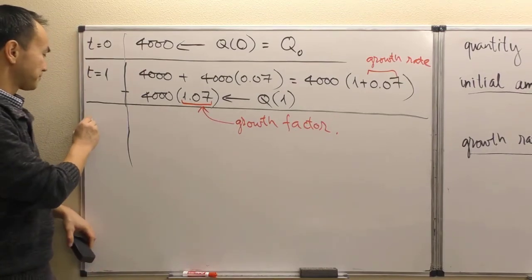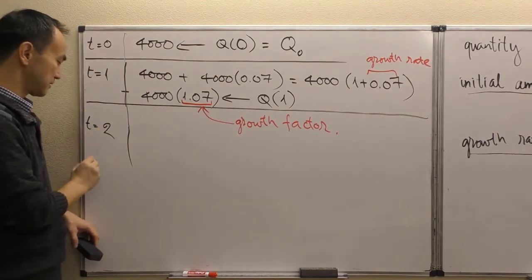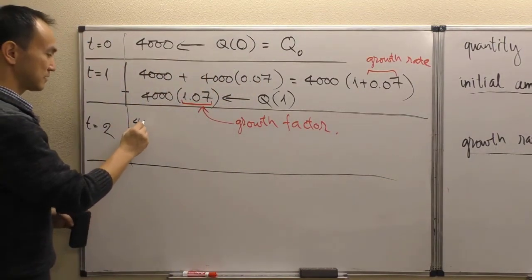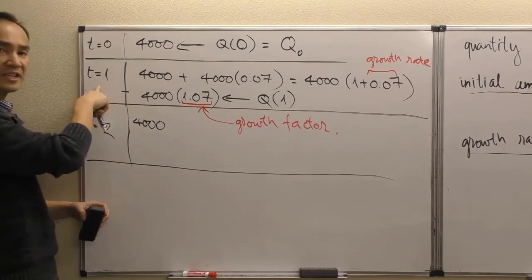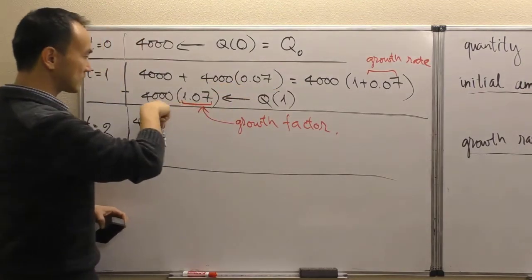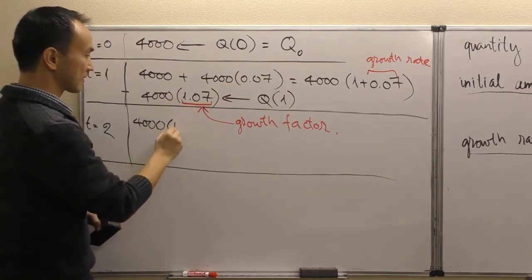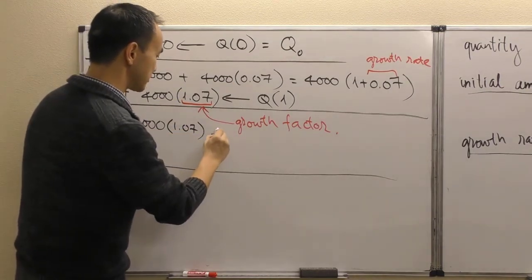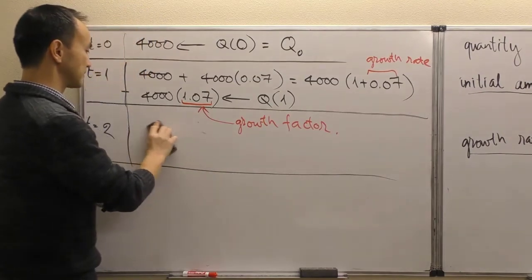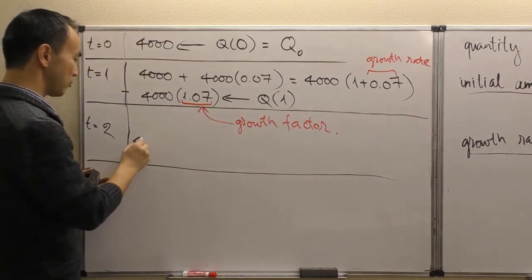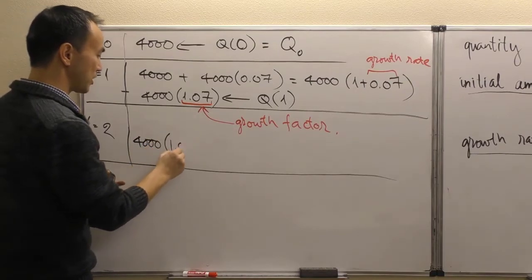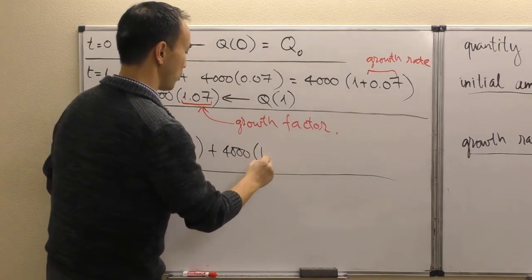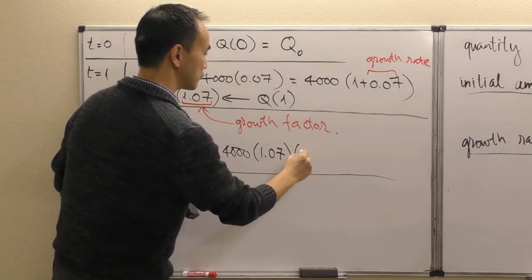When t equals 2 years later, let's see what can happen. From the previous year, we had 4,000 times 1.07, and I'm going to add to that another 4,000 times 1.07, but times 7% of that.